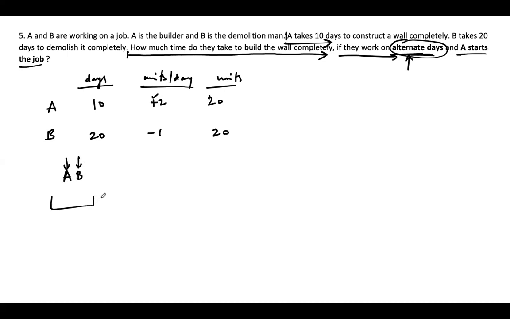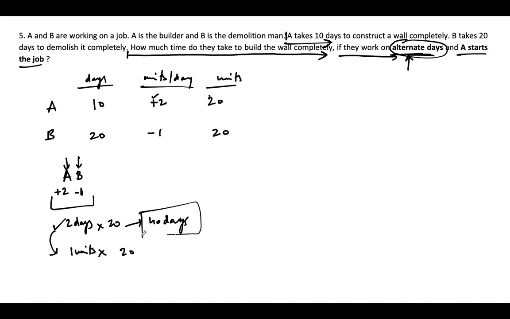So in 2 days, how many units of work is getting completed? First A is doing 2 units, B is destroying 1 unit. So in 2 days, how much of the work is done? 1 unit is being done. So that means in 2 days, 1 unit is done. In order to complete 20, my answer should be 40 days. Is it correct? Yeah.